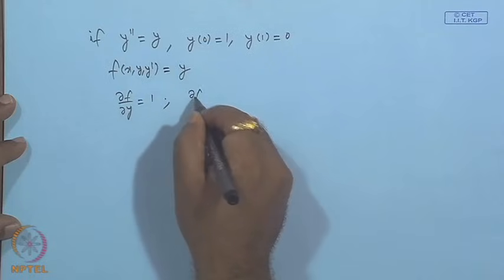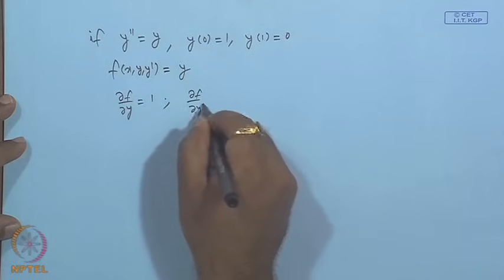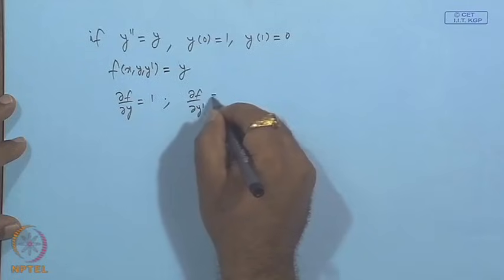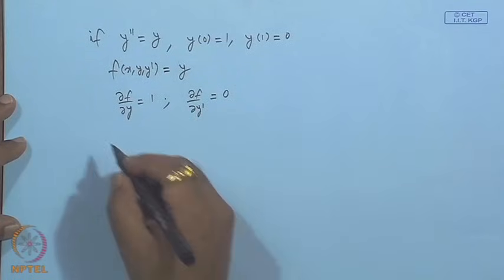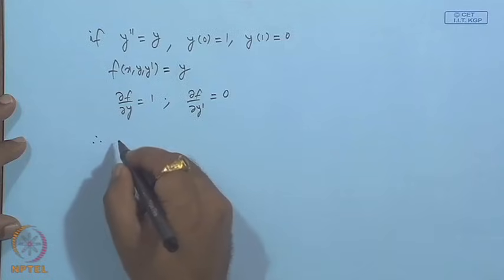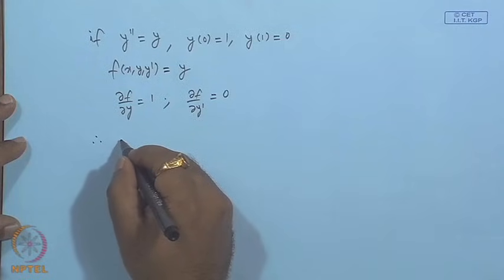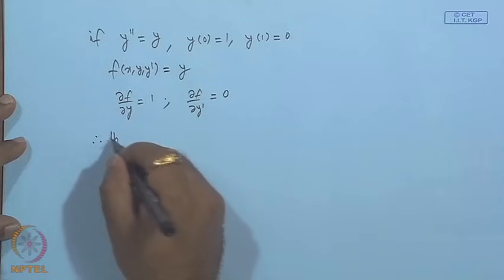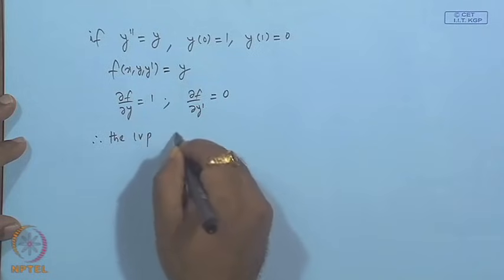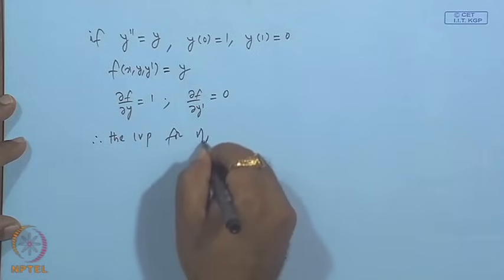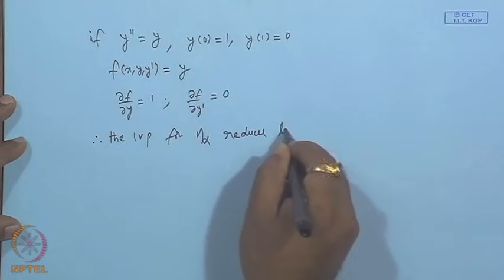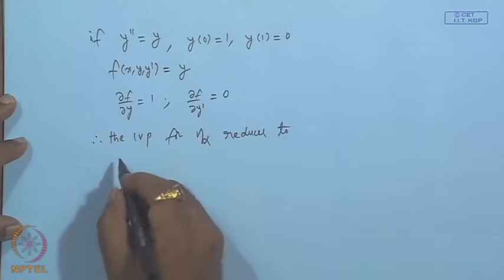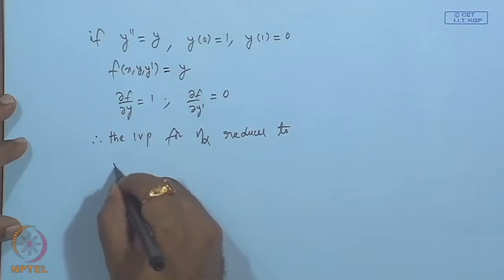So, therefore, the IVP for eta alpha reduces to, what was our IVP?